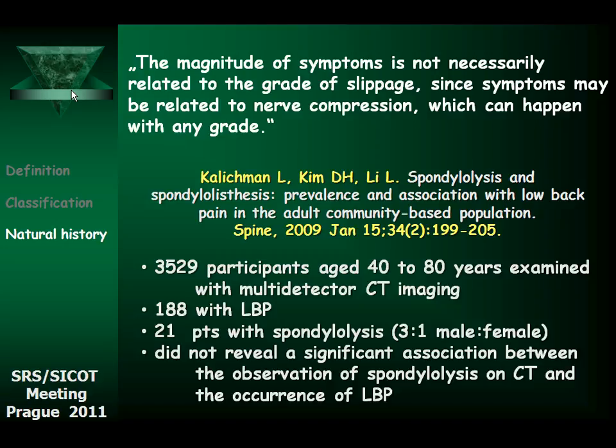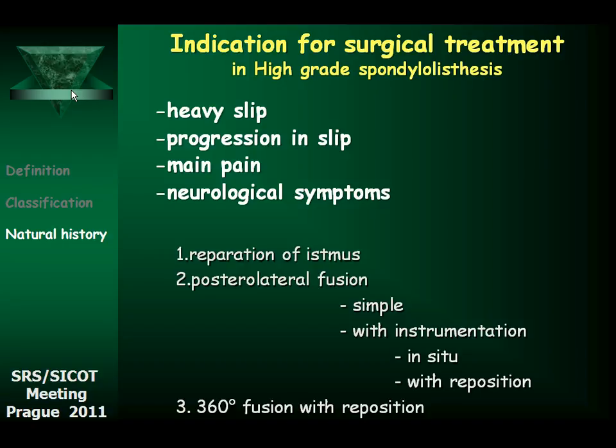This is also clearly seen in the study of Kalichman, where 3,529 participants were examined with multi-detector CT imaging, only 188 with low back pain and 21 patients with spondylolysis, and it did not reveal a significant association between the observation of spondylolysis on CT and the occurrence of low back pain. Indications for surgical treatment are heavy slip, progression of slip, main pain, and neurological symptoms.